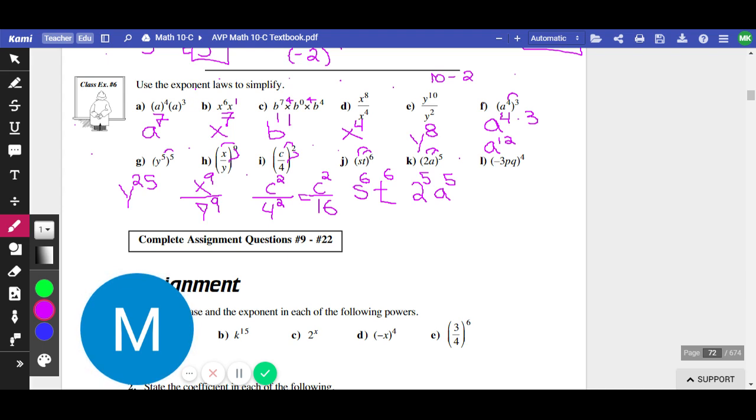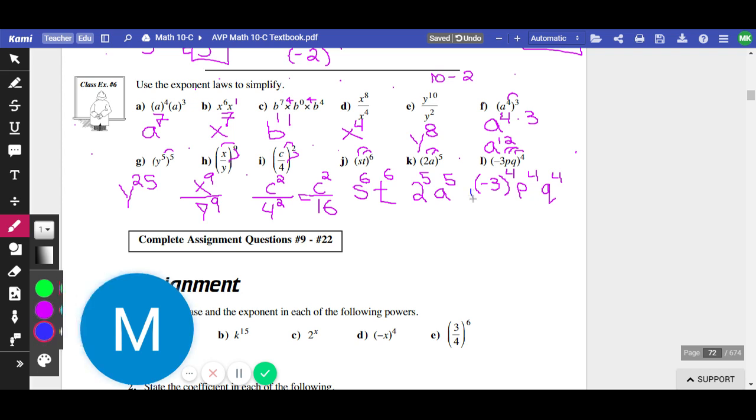Or when you bring the 4 in, you could write it like this, where I go negative 3 to the power of 4, p to the 4, q to the 4. But notice that I still put the negative 3 in brackets because I need to somehow make sure that negative is also getting the exponent 4. If I got rid of the brackets, now it's not working. Right? So that's kind of important.